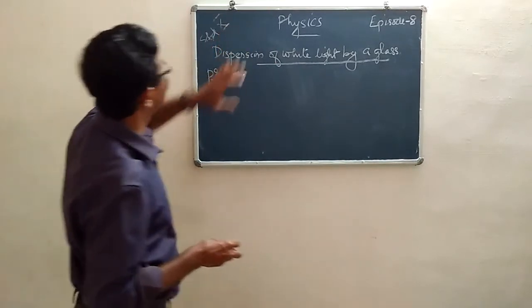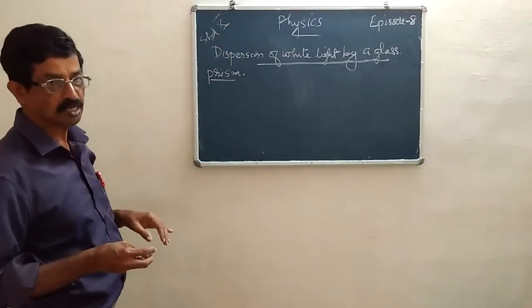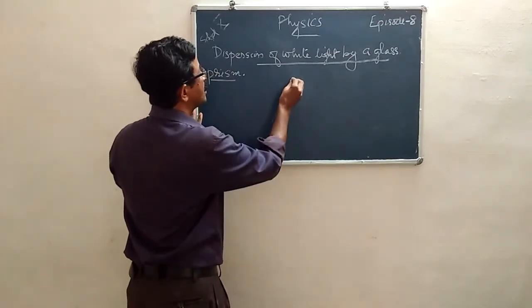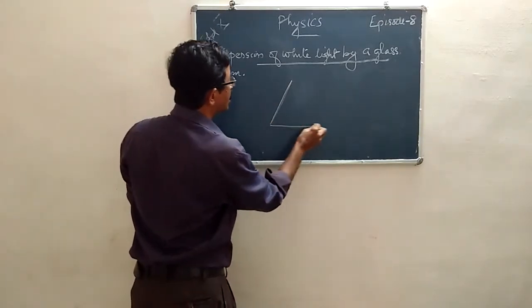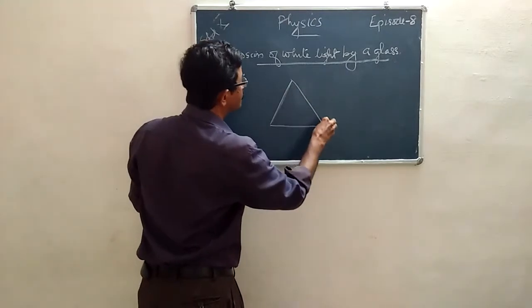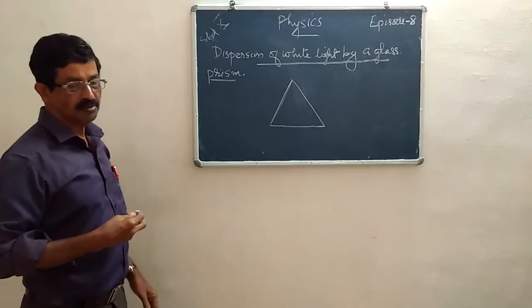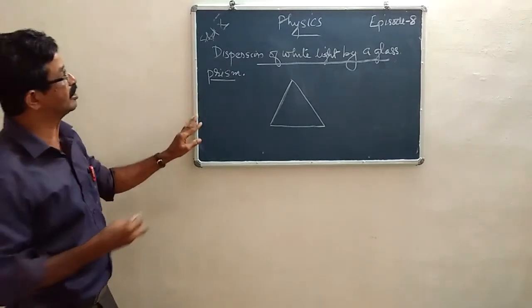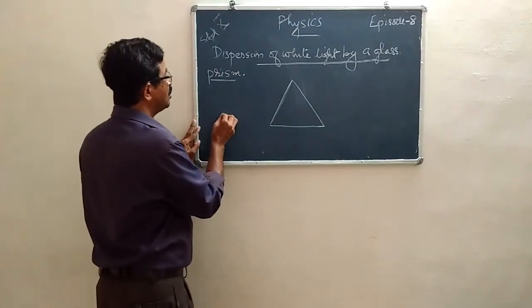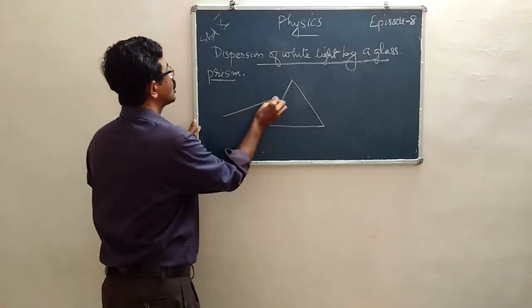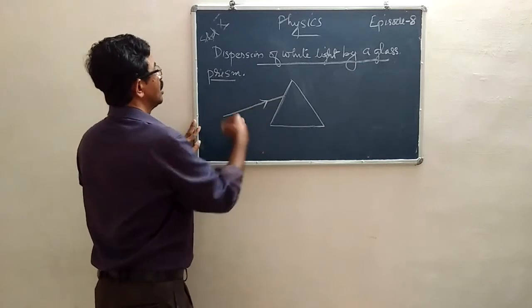Now how does dispersion occur in a prism? You can observe this dispersion by arranging a prism in your room and letting sunlight fall on it. A narrow beam of sunlight is allowed to fall on one of its sides.